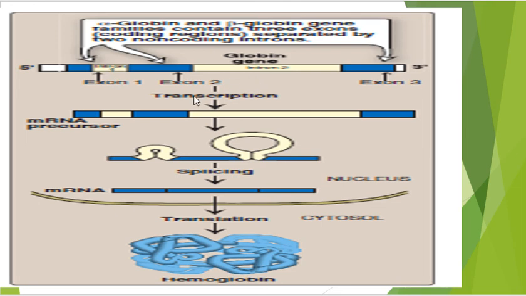In transcription, there is formation of a premature messenger RNA, which becomes mature after splicing and removal of the introns. This mature messenger RNA then moves from the nucleus into the cytosol, where translation occurs, leading to the formation of the globin protein.